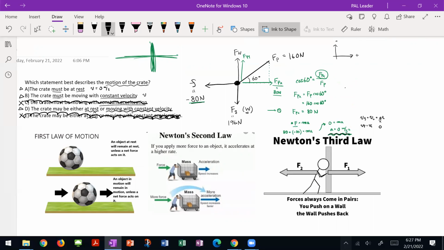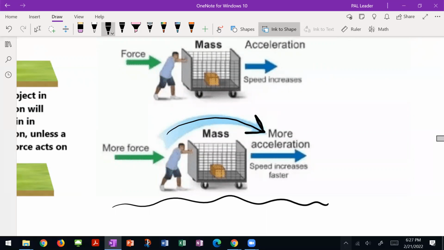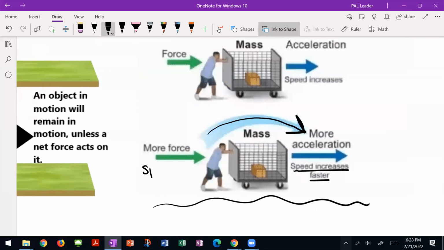I want to actually focus on this picture right here. When there's an acceleration, the speed increases faster. It might have been 0, but we can never say that we didn't have an initial speed here, right?